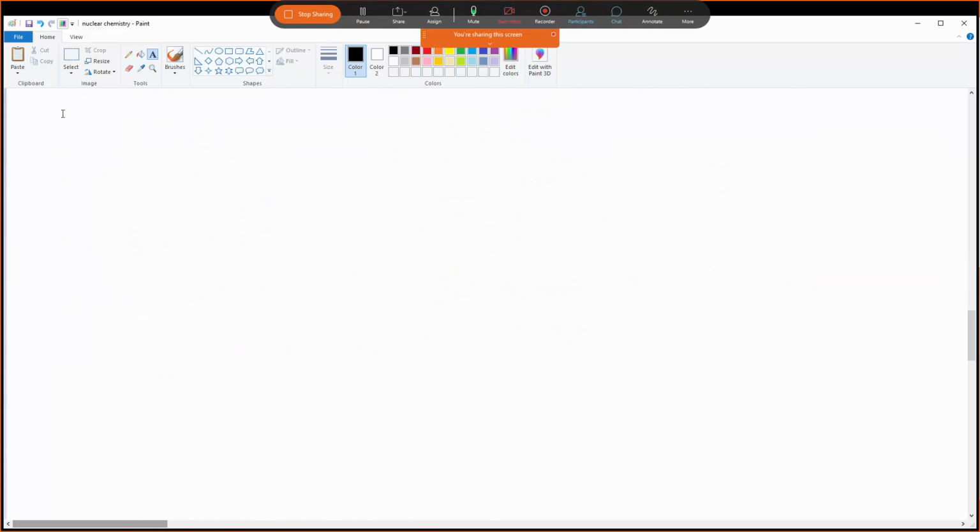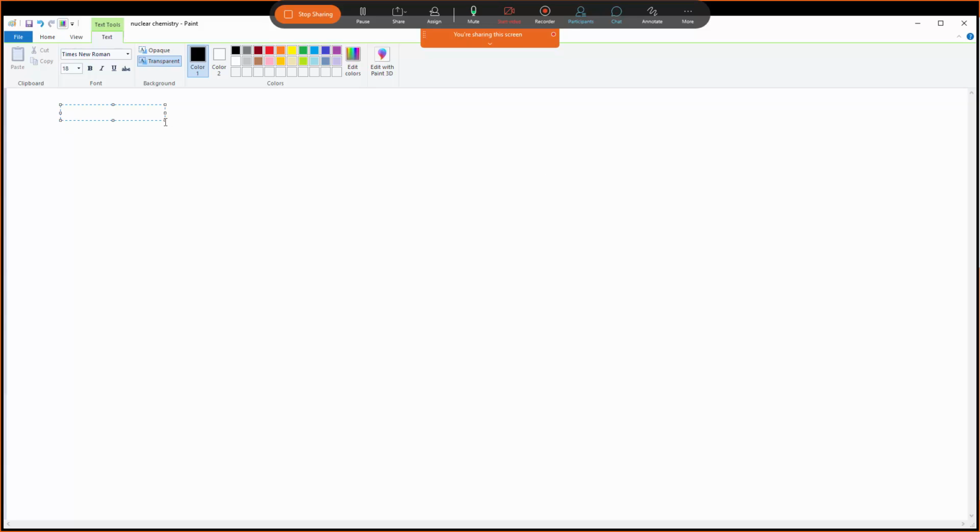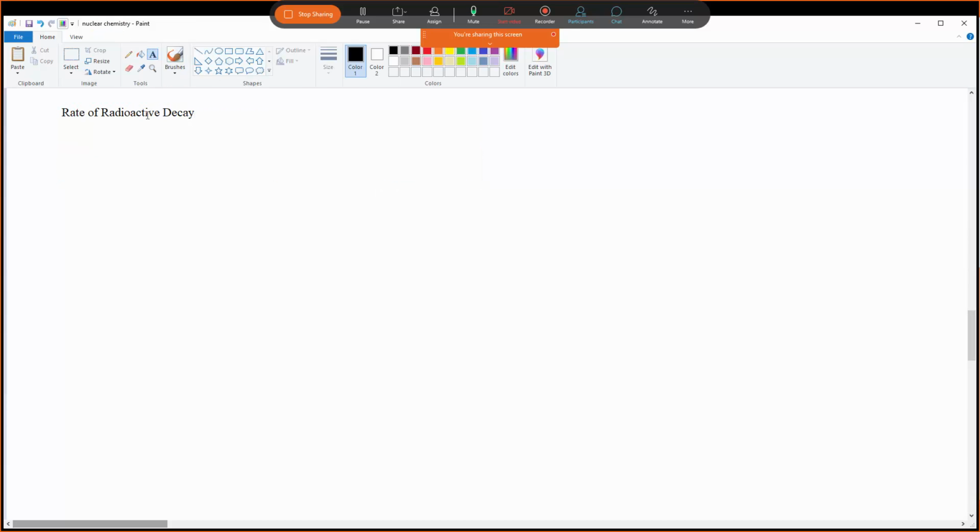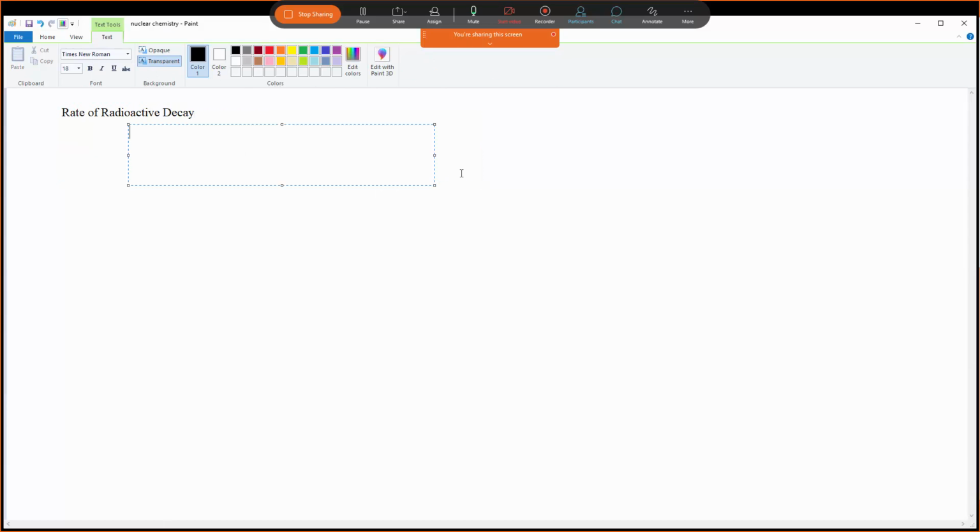Okay. So next thing here, we're talking about rate of radioactive decay. And this is specifically talking about those isotopes which will decay on their own, right?